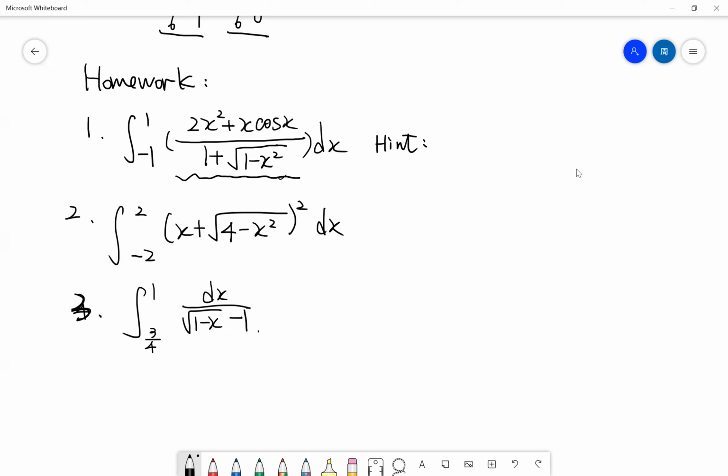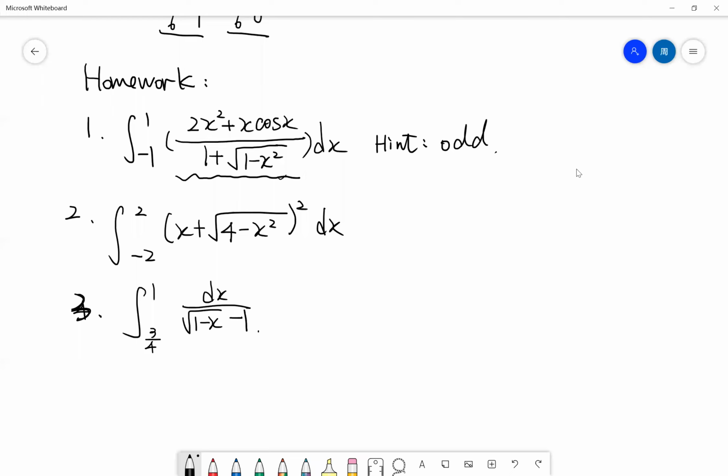When you see an odd function and the interval is from -1 to 1, symmetrical, right? So you can use the property for odd function. So try to separate it into two parts and figure it out. So this is the hint for the first question.